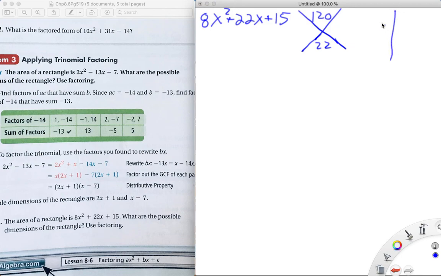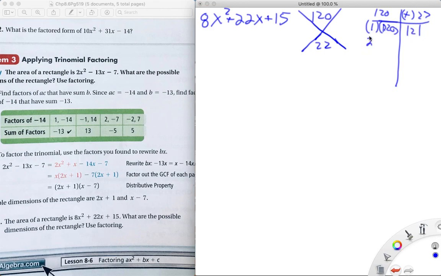So going down the whole factor line, we can try one number. When I multiply them, it gives me 120, and when I add them, it gives me 22. So we got 1 and 120. When I add them up, I get 121.